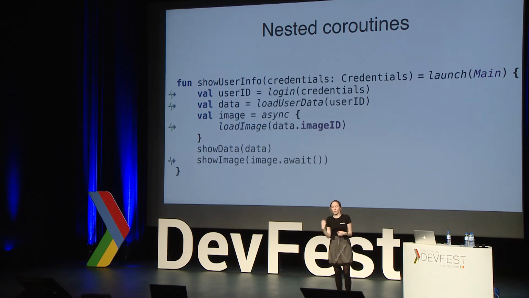But that's some kind of technical implementation detail. You can nest coroutines, like you can start a coroutine inside another coroutine. So for instance, here we have the launch main coroutine, and we start async. We asynchronously load an image inside this coroutine.